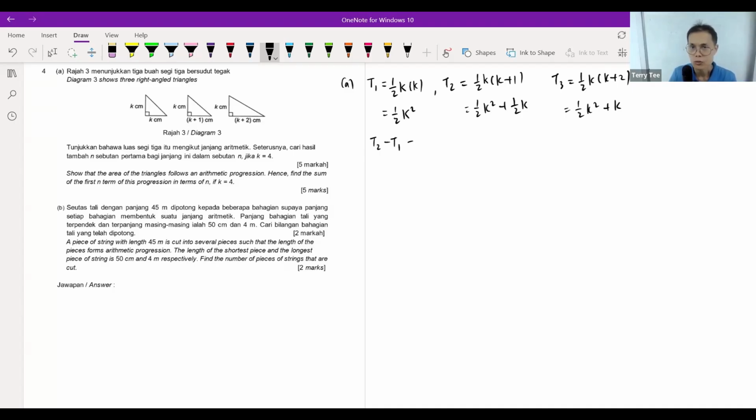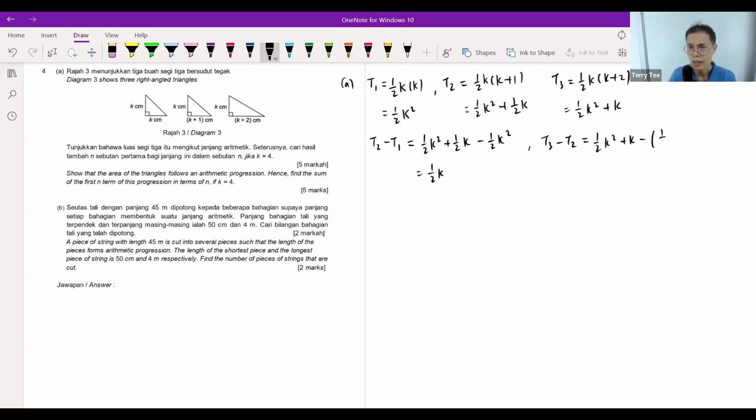So we take t2 minus t1. My t2 is half k squared plus half k, minus my t1, half k squared, right? That will give us just half k. Then we continue with t3, we minus t2. Your t3, the third term, is half k squared plus k.